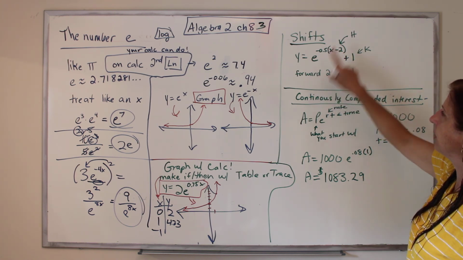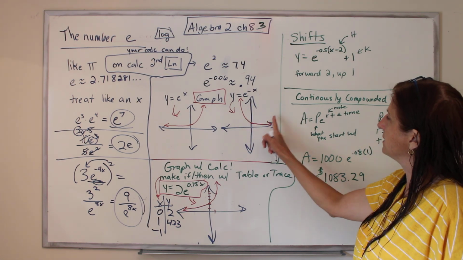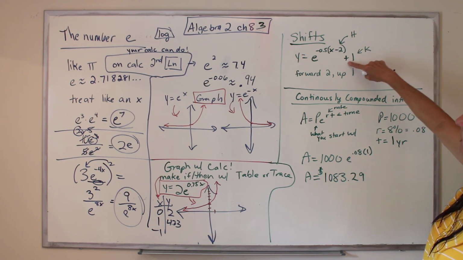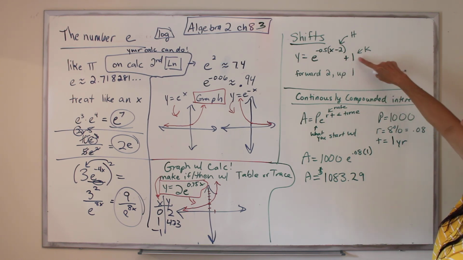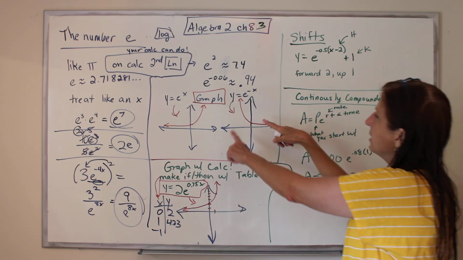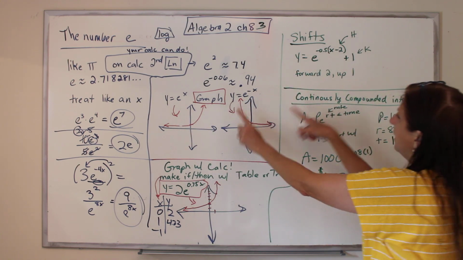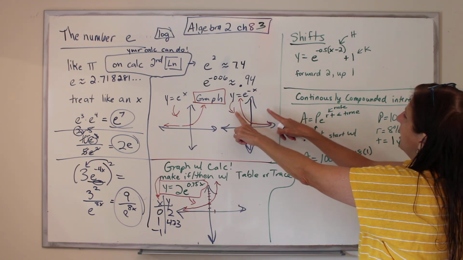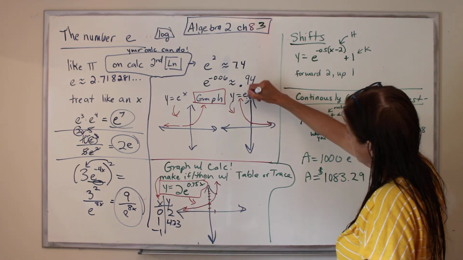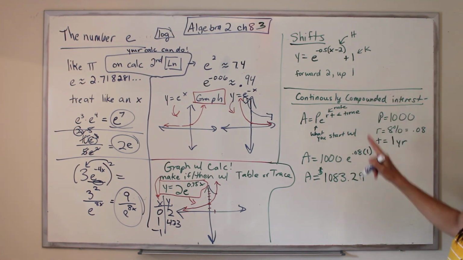So my regular graph here will move 2 places in the positive direction, and then K is down here in numerator land, and it's this with the same sign, and it's +1. So this graph would go this way 2 places and up 1. So maybe it'd be over there or something like that. So play with that, do it on your calculator.